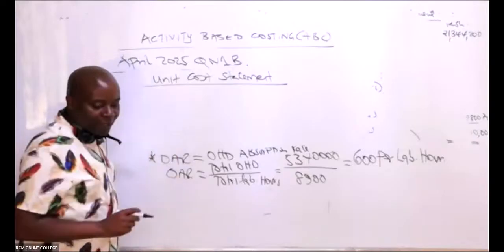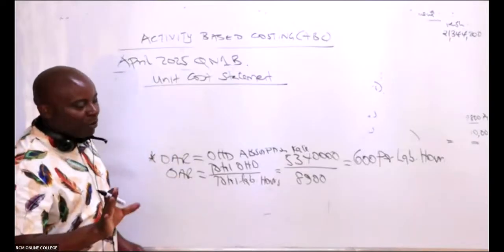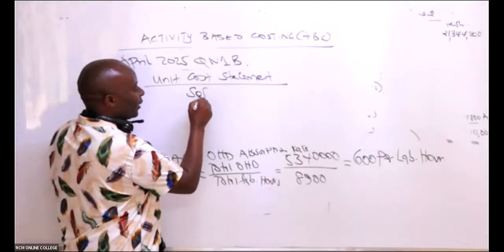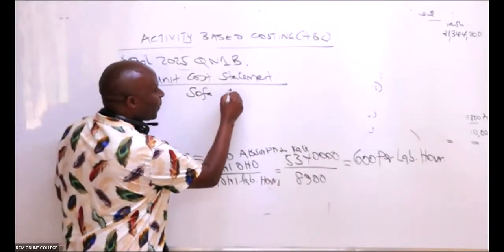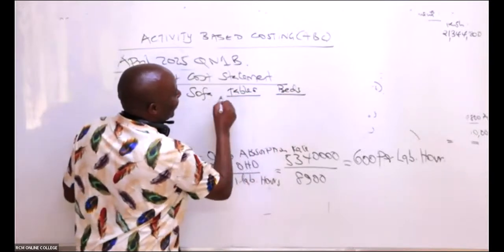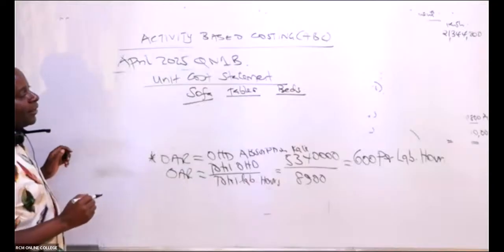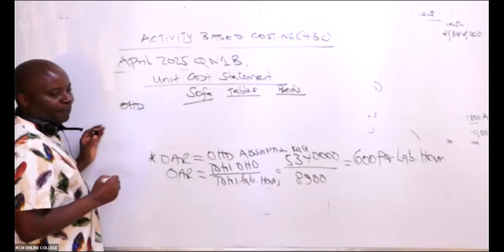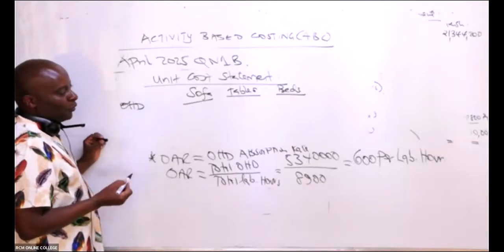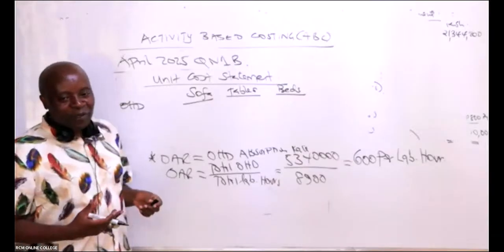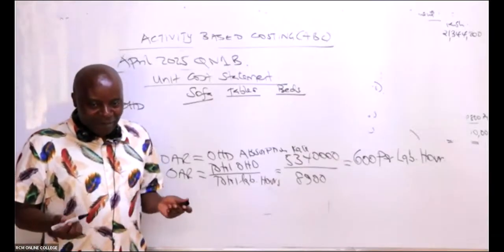So we have our three products. Do you remember their names? We have sofas, tables, and beds. We start here with the overhead for each unit, for each sofa set. Remember, we are absorbing this overhead using labor hours.